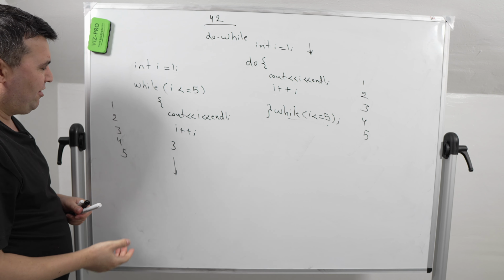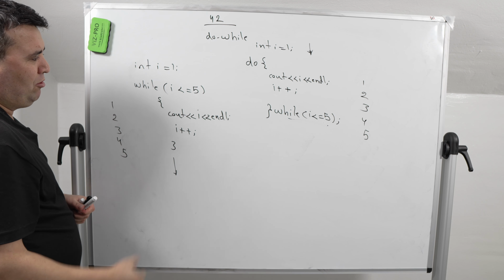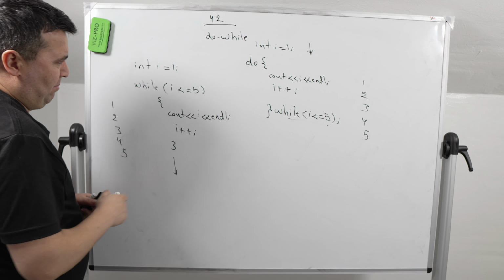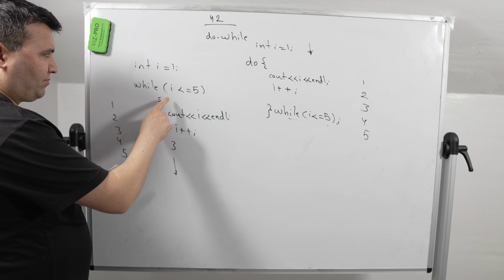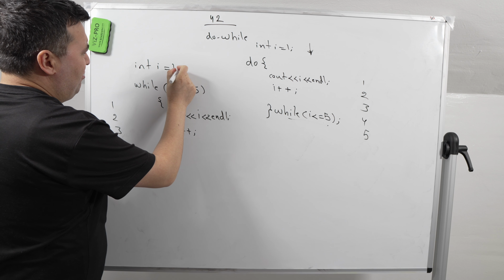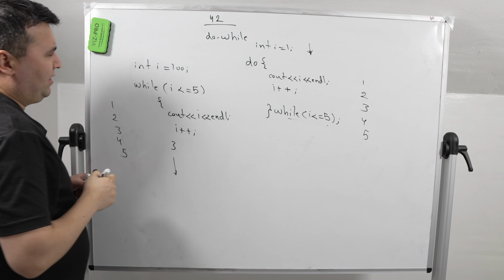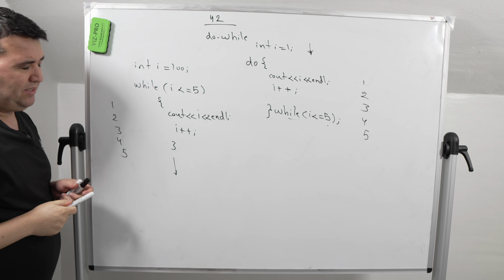But let's take another example so we understand more about the difference between while loop and do while loop. For example, here, if I start the I value from 100, now you can see I is equal to 100.